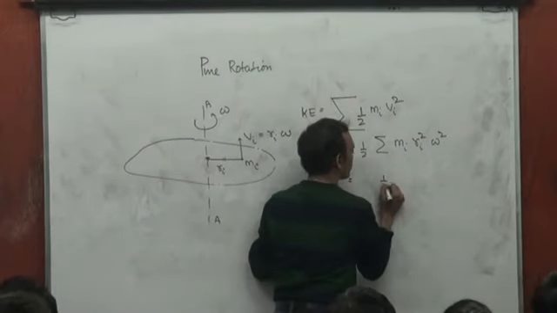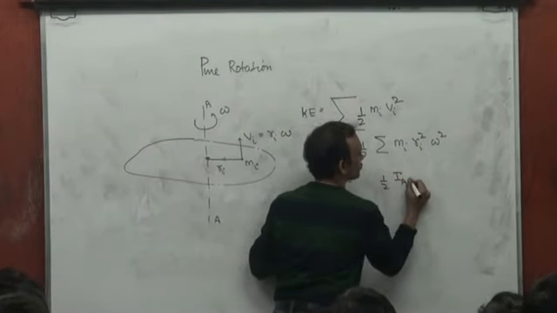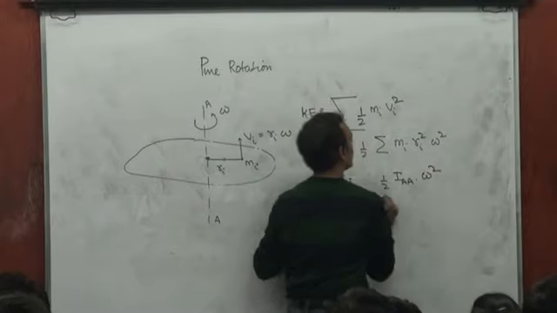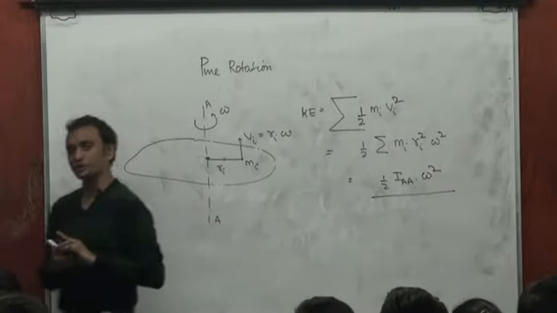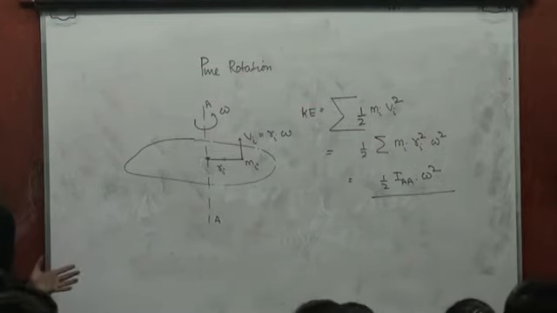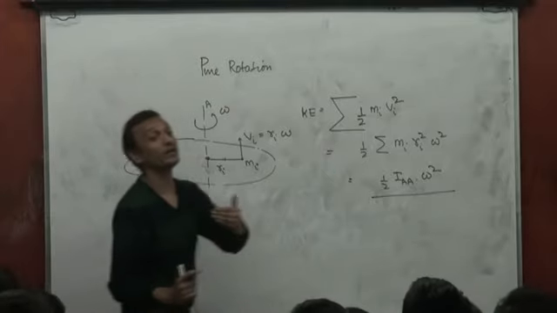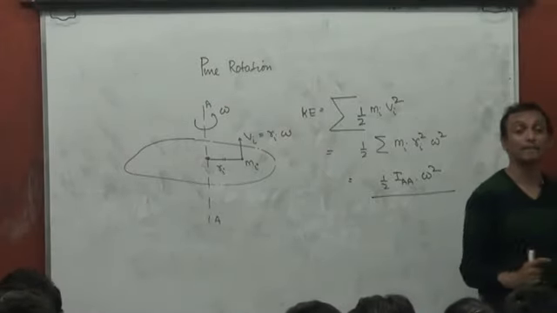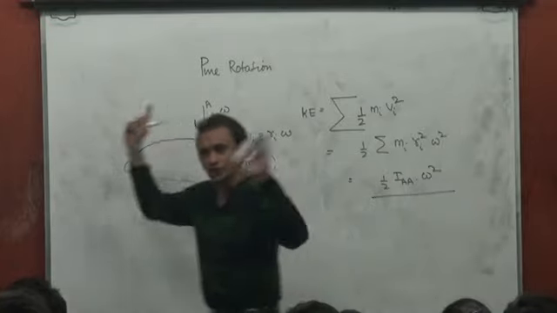So this is half of I about the axis of rotation into omega squared. So kinetic energy in pure rotation for a rigid body is half of I about the axis of rotation into omega squared. That's the kinetic energy, right? Now in combined motion. So far so good, right? Not an issue.